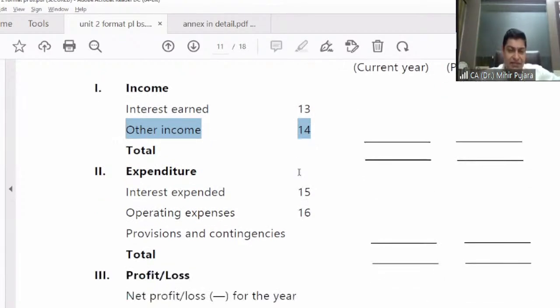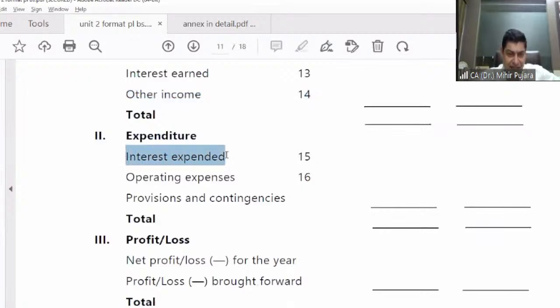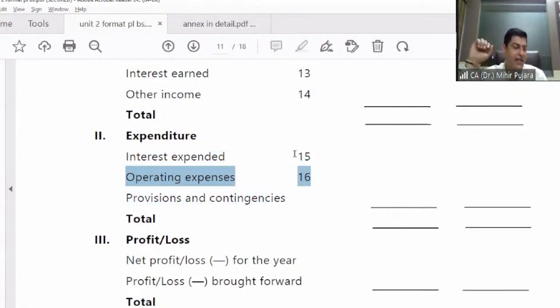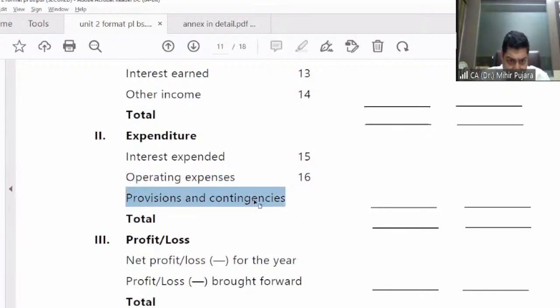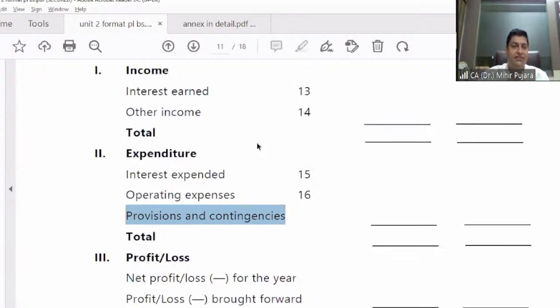Now expenses. Like interest income, there is an interest expense. So 15 is interest expense and 16 is all other expenses. Separately we should write provisions and contingencies.